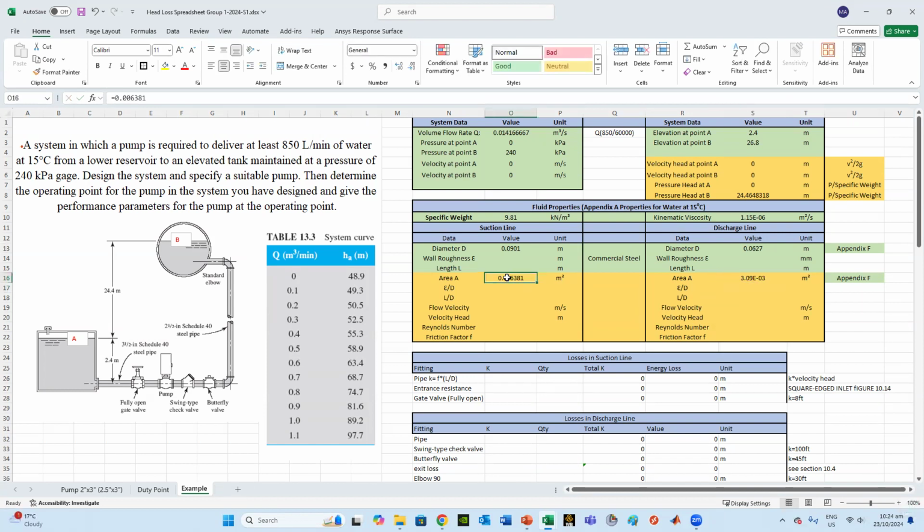All right, so I got this one and the area for each one of them. That is very important for us to work with this type of properties. Now, another thing I need to find is the wall roughness, E, for commercial steel.